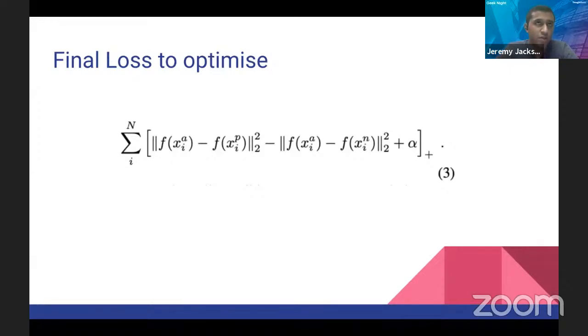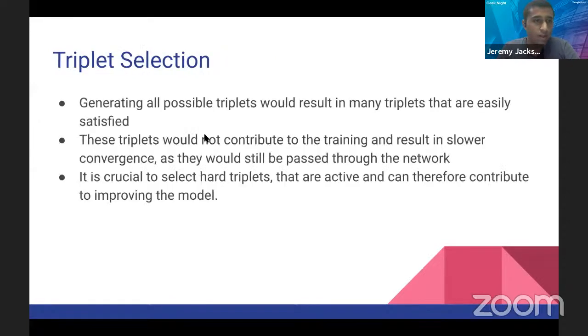So this function is what we are trying to learn using the neural network. This function's requirement is that it reduce this loss function, which actually makes the neural network produce embeddings such that the positives are closer to the anchor than the negatives. And so that was the triplet loss function.